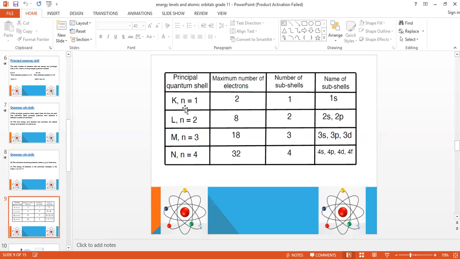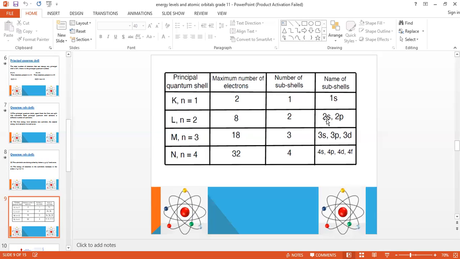Just need your concentration. If you get this, the next topic, electronic configuration, is very easy for you. If n = 1, how many subshells are there? One. Good. That's why we write 1s. Okay, come on to the second row. If n = 2, 2 subshells, S and P. That's why we write 2s, 2p.